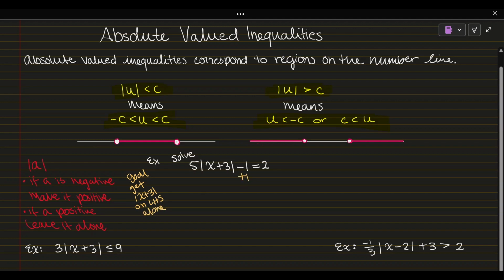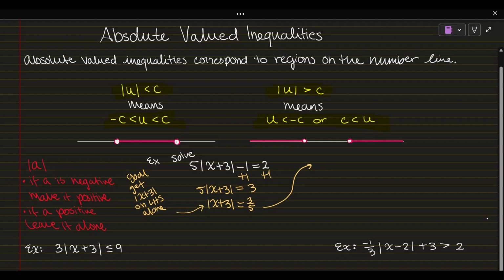So we can add 1 to both sides, and I'll have 5 times the absolute value of x plus 3 equal to 2 plus 1, which is 3, and I can divide both sides by 5 and have that the absolute value of x plus 3 is equal to 3 over 5. Now once I have this, my next step is to think about what absolute value means.